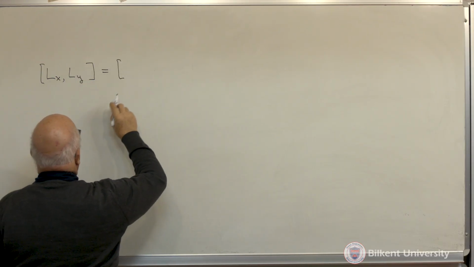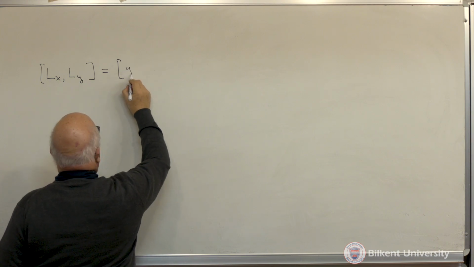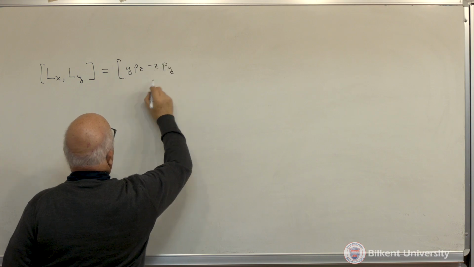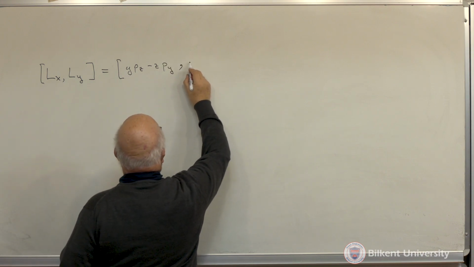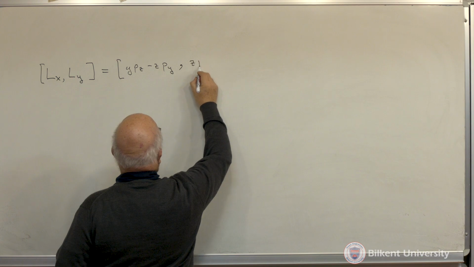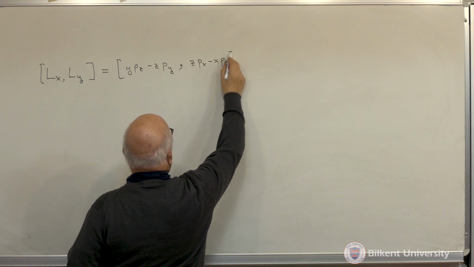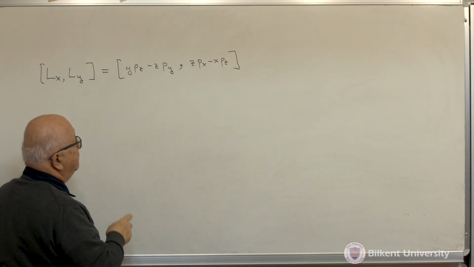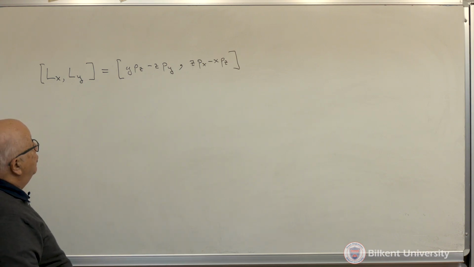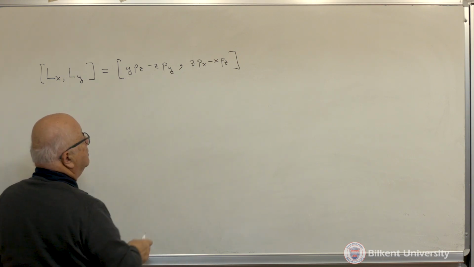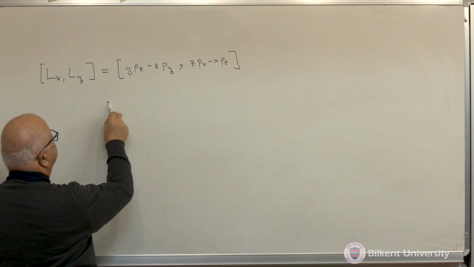So it's going to be the commutator of y pz minus z py with, please check my algebra, z px minus x pz. Okay, we have seen the distributivity, etc., of all of these operators. So this will just result in 4 commutators, right?